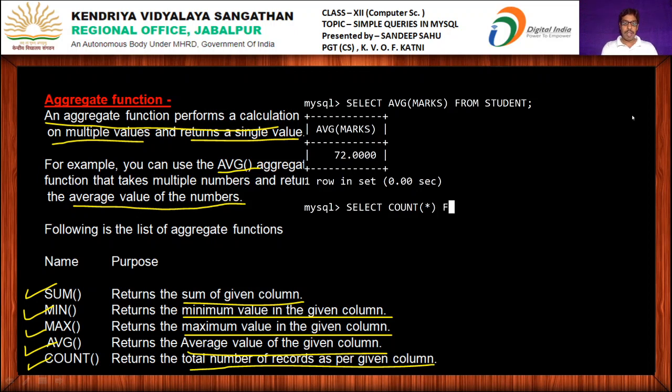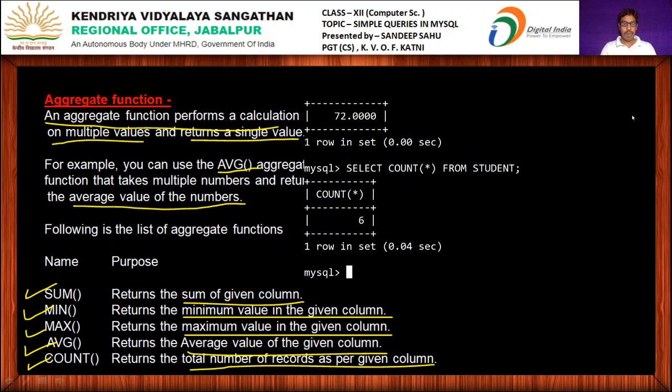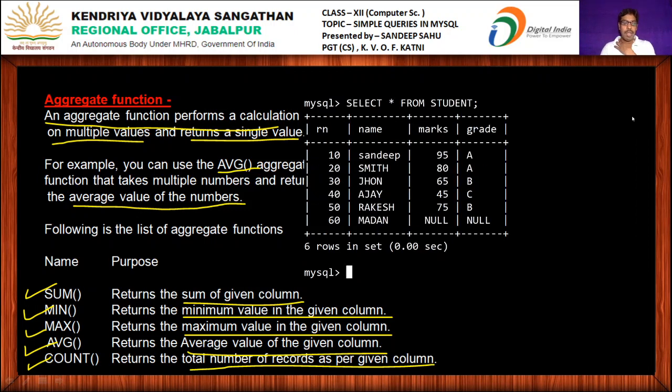Select count(*) from student. So it is showing 6. So let's see, are there 6 records in our table? Yes, there are 6 records. So these are the aggregate functions.